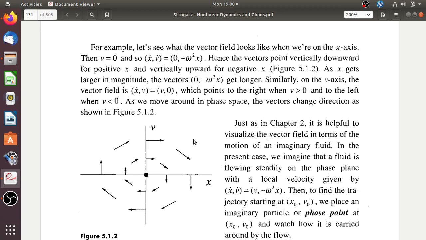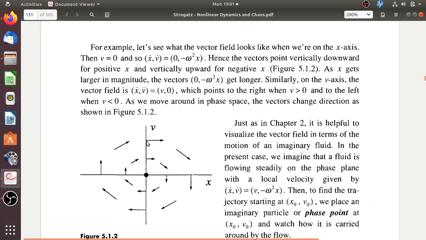It seems like when the system is at this position, it's going here, and then it's going here, here, here, and it's circling. If it starts from here, it's going to circle in this manner. This is what we understood, but what does that mean, circling? Let's try to understand that part.